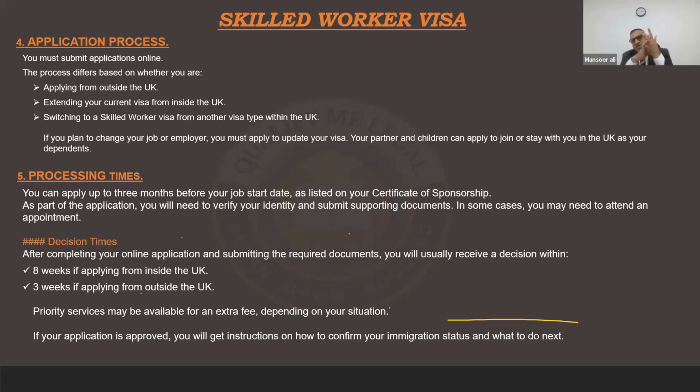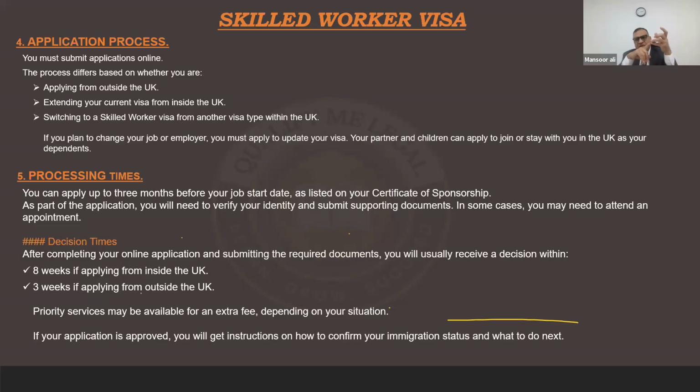Wonderful. Skilled worker visa. As the name suggests, the skilled worker visa is basically for those people who are skilled. First thing. Secondly, how to apply. You need an employer in order to apply for a skilled worker visa, either from outside the UK or from within the UK.